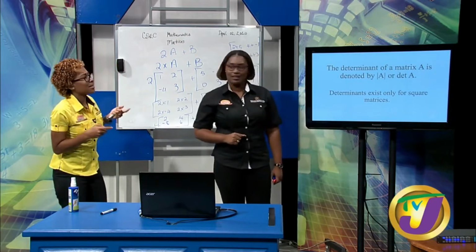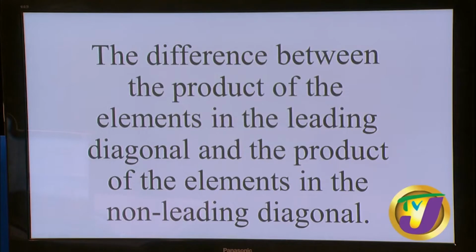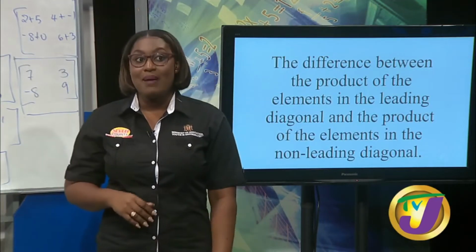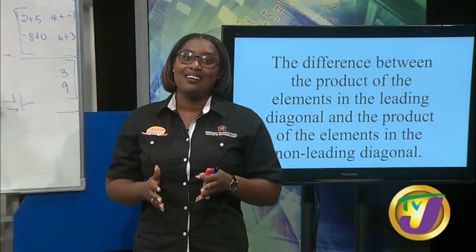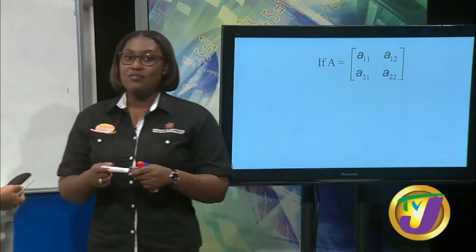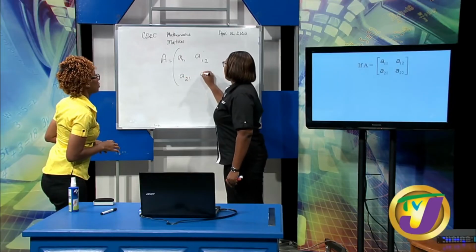Well, how are we going to find the determinant of a square matrix now? All right, so let's see. The determinant is the difference between the product of the elements on our leading diagonal and the product of the elements on our non-leading diagonal. So first, we have to start off by establishing what our leading diagonal is and how we find our non-leading diagonal. So given any matrix, we have matrix A: A11, A12, A21, A22.